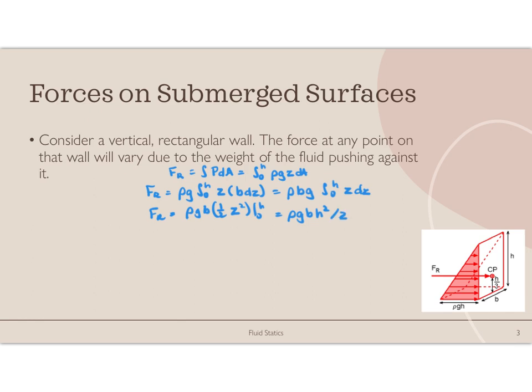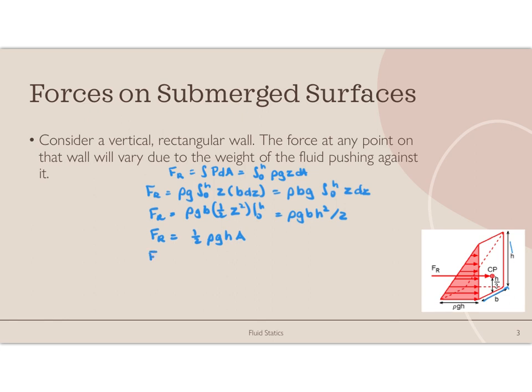Okay, well, what do we do with that? Well, what is the area of this face? B times h. So b and one of the h's is going to be my area, so Fr is going to be 1/2 rho g, the other h, and then the area of the wall.